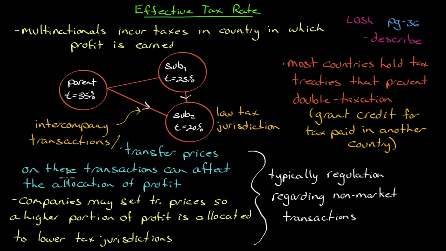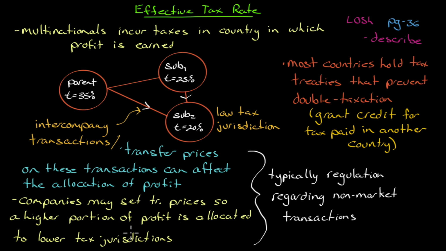So transfer prices on intercompany transactions can affect the allocation of profit. And as I've said many, many times, if there is an opportunity for this kind of behavior, it will be done. It just will be done. So, companies may set transfer prices so a higher portion of profit is allocated to low tax jurisdictions.